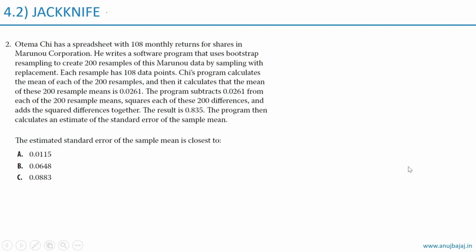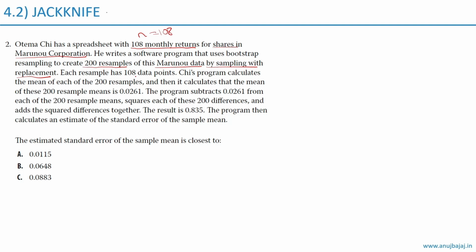The second question: Otemachi has a spreadsheet with 108 monthly returns for the shares in Murnau Corporation. So the original sample has a size of 108 observations. He writes a software program that uses bootstrap resampling to create 200 resamples of the Murnau data, that is our original sample, by sampling with replacement.